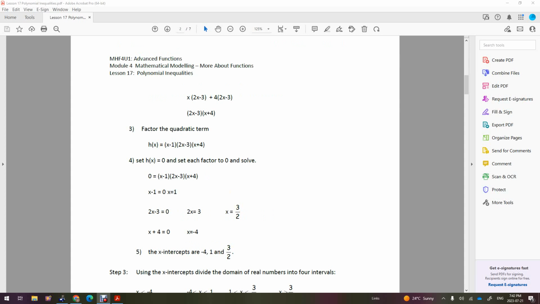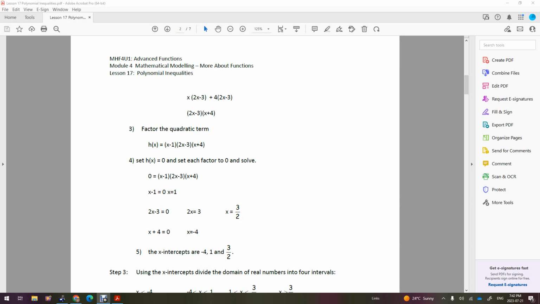So we go one step further. We have x as a common factor, 2x minus 3, 4 is a common factor, 2x minus 3. So we get the factors 2x minus 3, x plus 4. So then we have factors of h at x: x minus 1, 2x minus 3, and x plus 4.